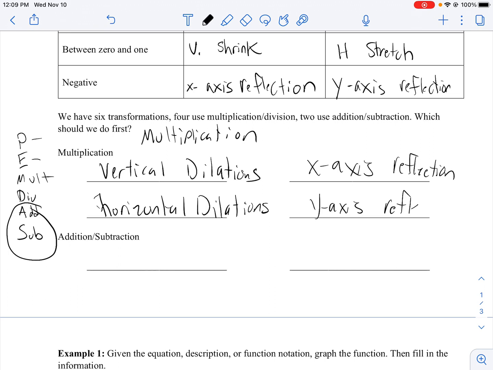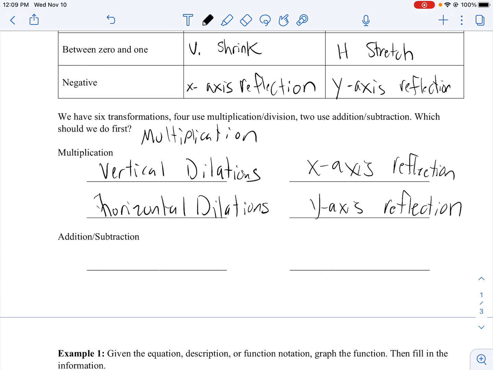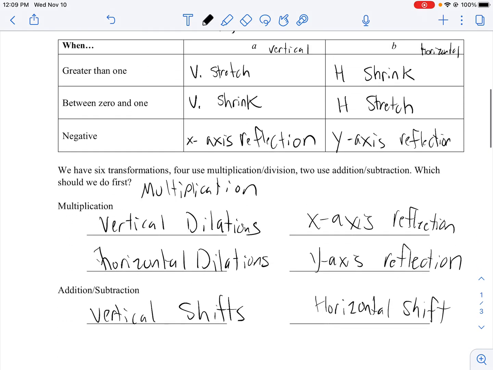All 4 of those transformations are through multiplication, right? So you'll never have like x plus 4. That will never be a stretch or a reflection. You have to do multiplication for it to be one of those. All right, adding, subtracting, where adding would be the vertical shift or translation, and then also your horizontal shift. Okay, so that is just your review on vocab.